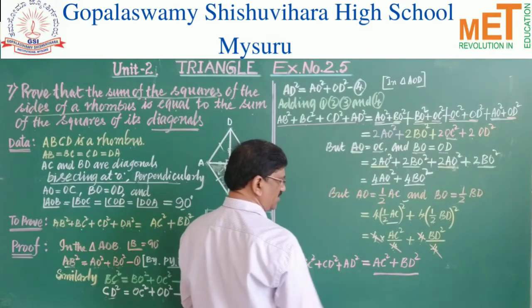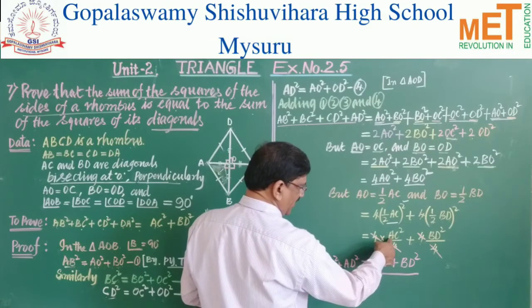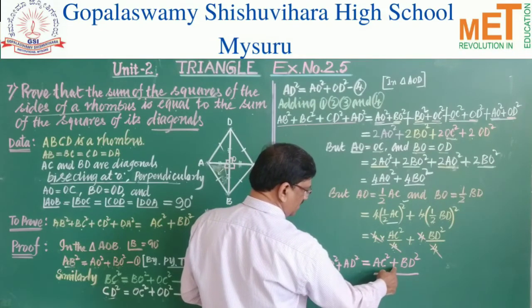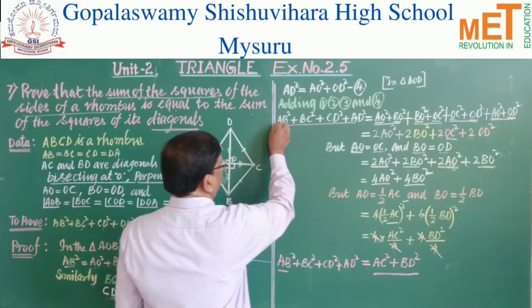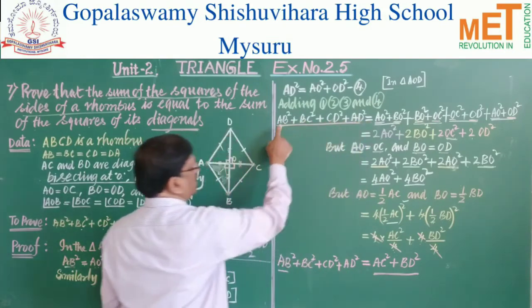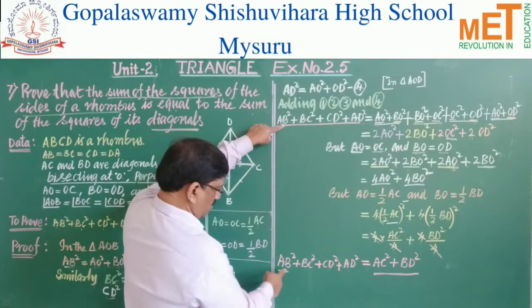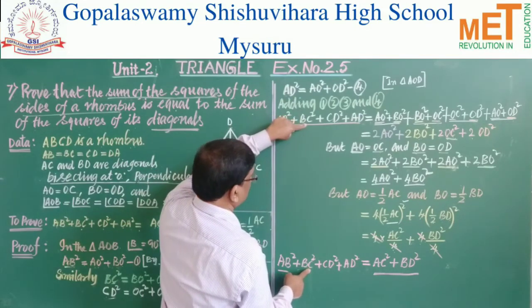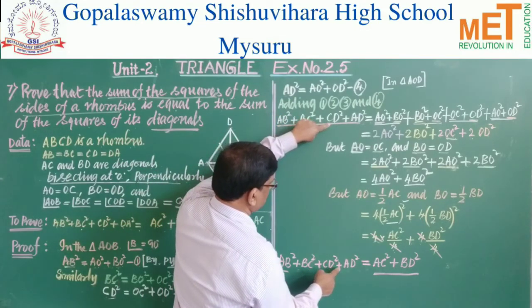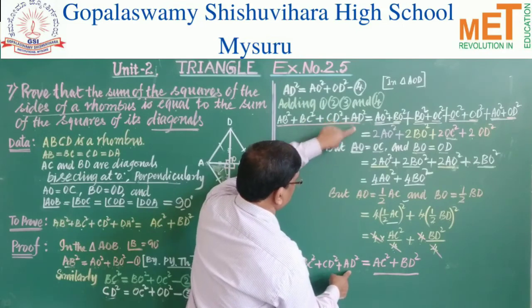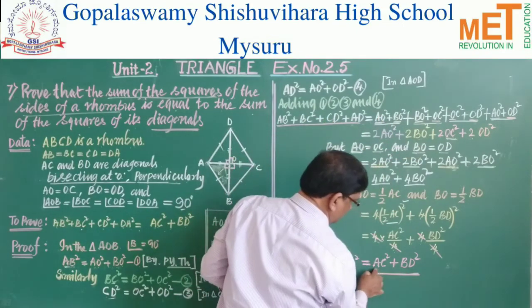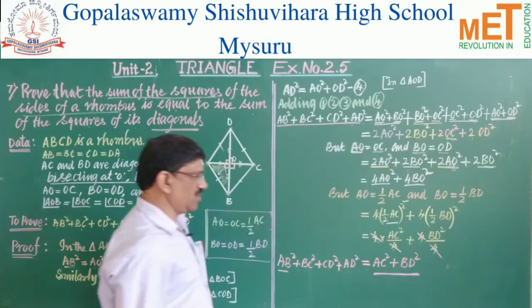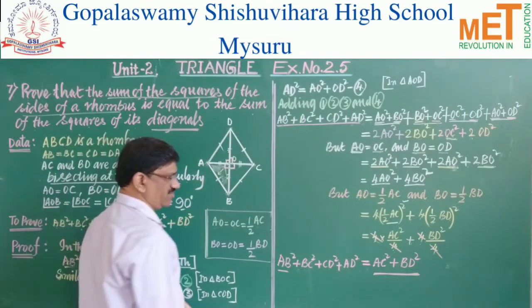Then what remained here? AC square plus BD square on the right hand side. What is on the left hand side? That is AB square plus BC square plus CD square plus AD square. The right hand side after the simplification we got AC square plus BD square.